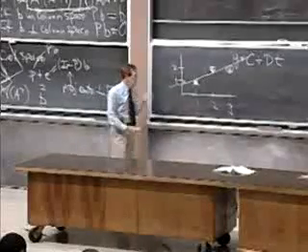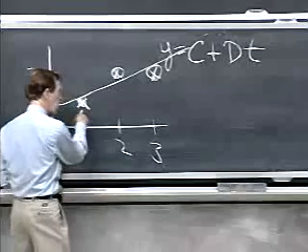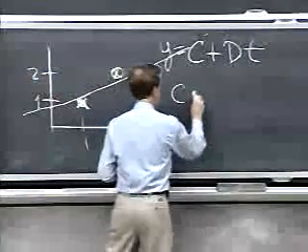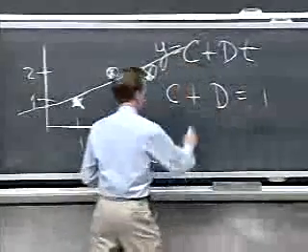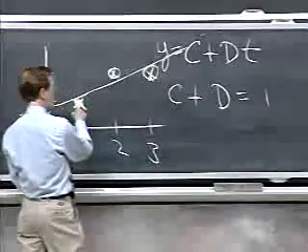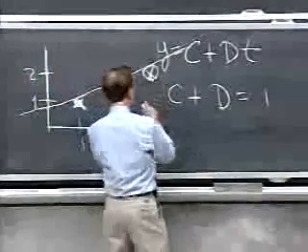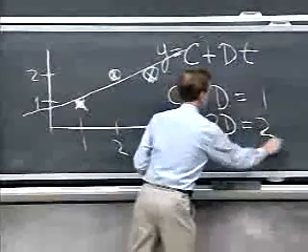Okay. So if I went through that point, I would solve the equation C plus D equals 1. Because at t equal to 1, I'd have C plus D, and it would come out right. If it went through this point, I'd have C plus 2D equal to 2.